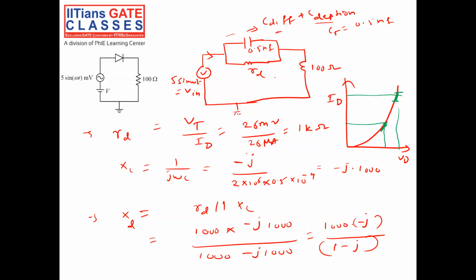So X is equal to 1000 into minus j by 1 minus j. I will multiply by 1 plus j, and here also I will multiply 1 plus j. So how much will you get?